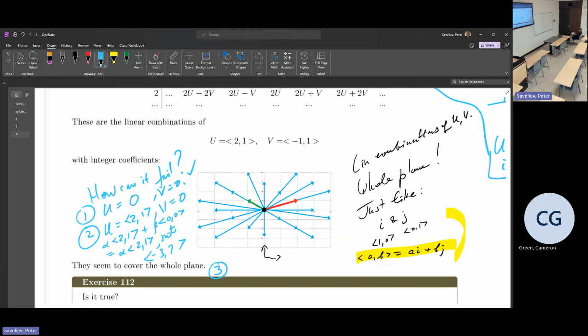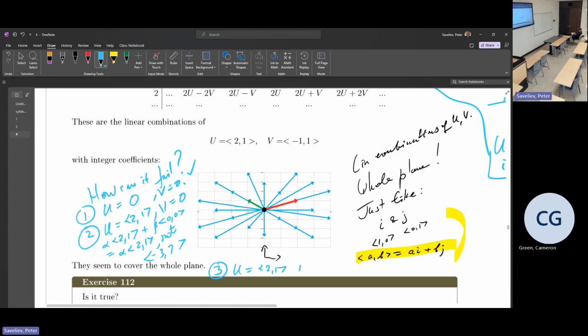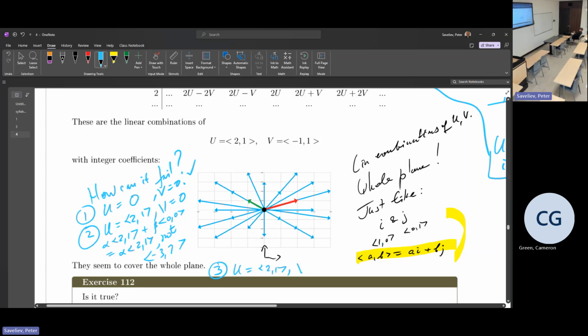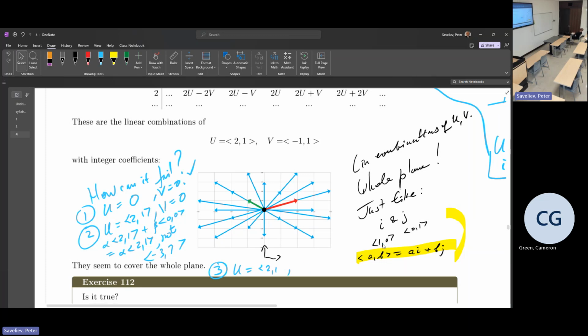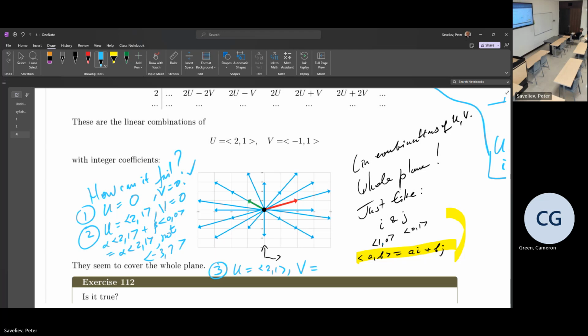Even less extreme example: u is equal to 2, 1. How about v is equal to, anybody can suggest, v not equal to 0, that would have the same effect. What if it's the same vector?